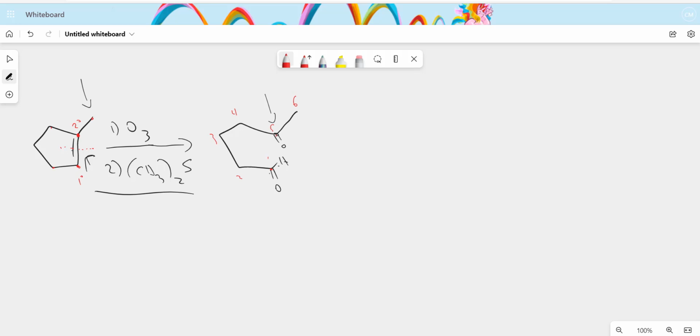So I've got a hexane. So I'll write hexane first. It's an aldehyde, so it's a hexanal, and in the 5 position is the ketone, and the ketone as a prefix is called an oxo. So in the 5 position is an oxo, and I'm going to say that it's a hexan-1-al.